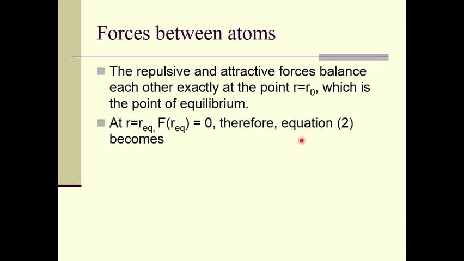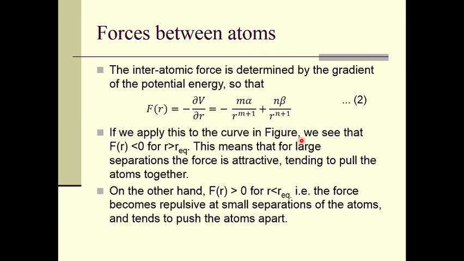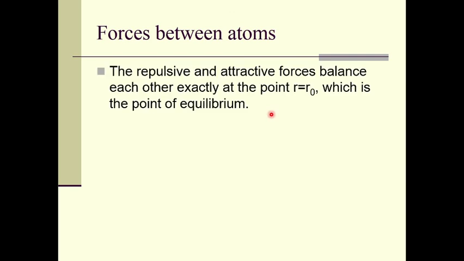At this point f equilibrium is equal to 0, and therefore equation 2 becomes, since the force is 0 at r equal to r equilibrium, we can put r equal to r equilibrium and f of r equal to 0 in this equation.